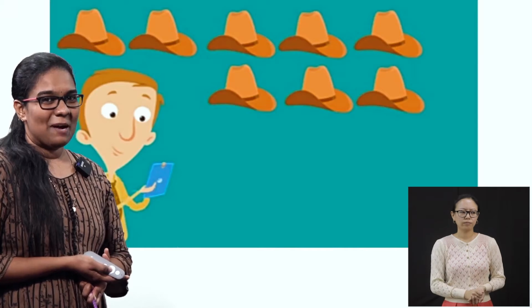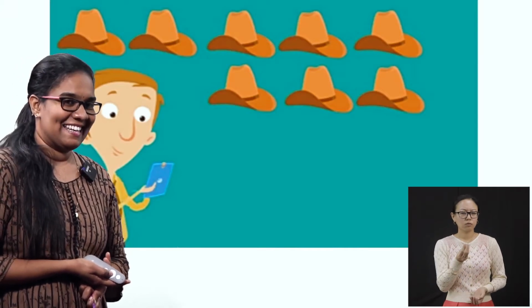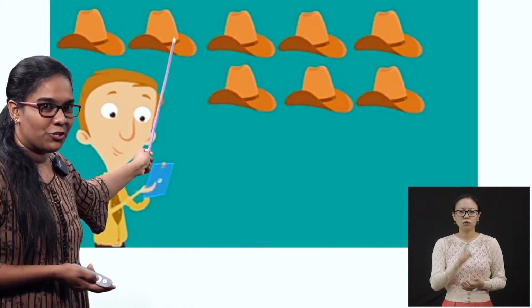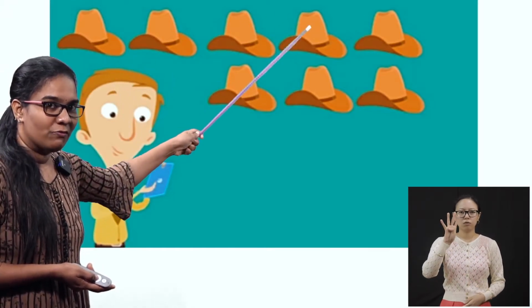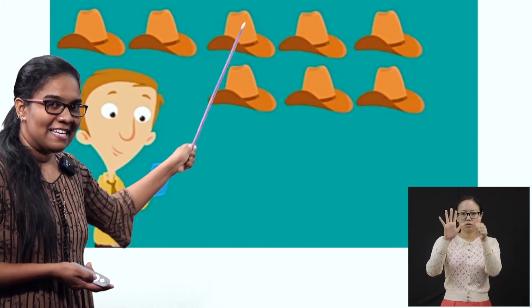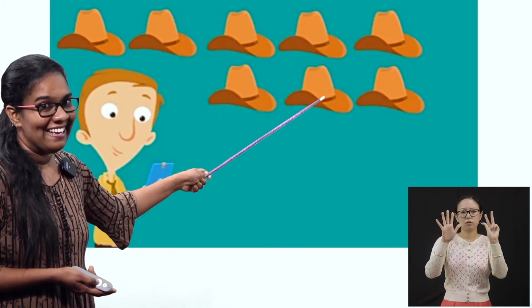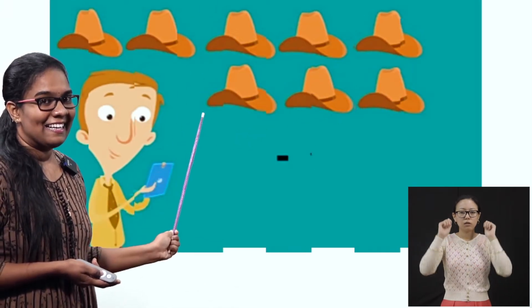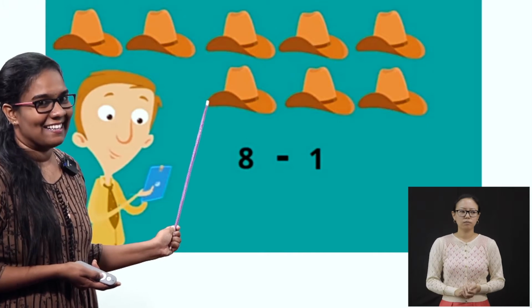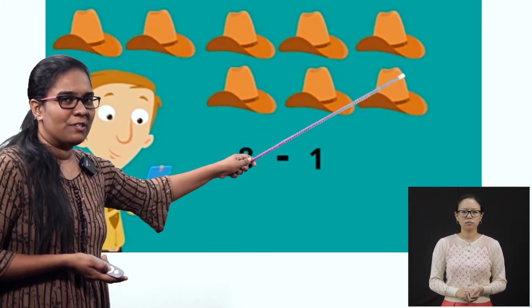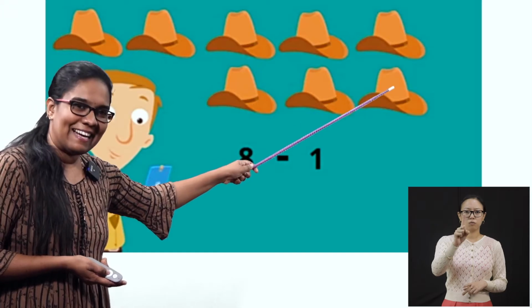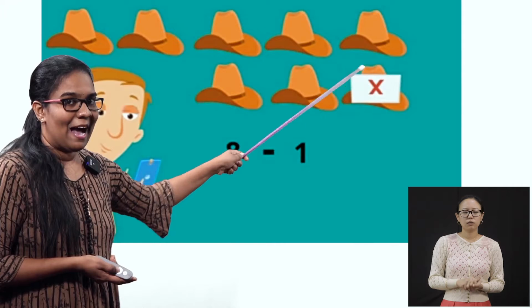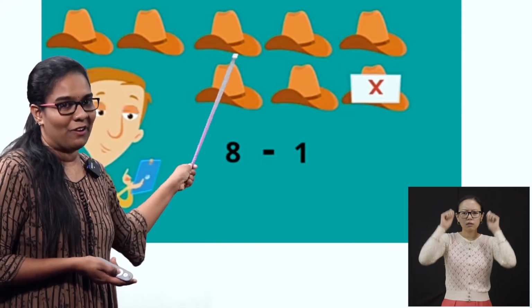Okay, then look here. Can you see some hats here? Yes. Then count how many hats are here. 1, 2, 3, 4, 5, 6, 7, 8. It is 8 hats. I am going to take away one hat from here.